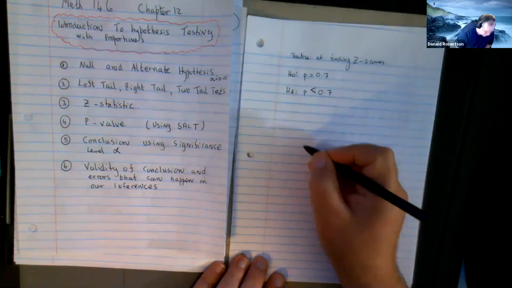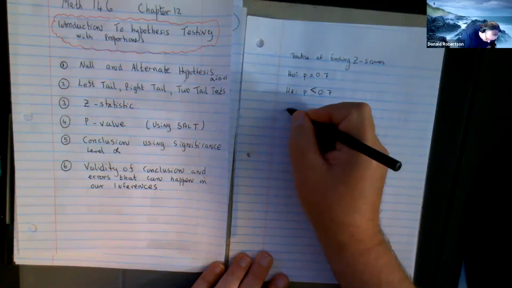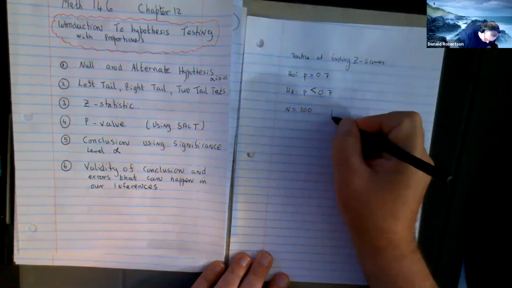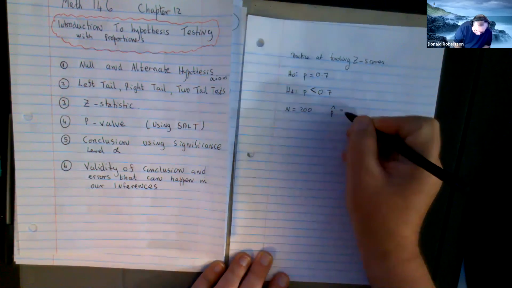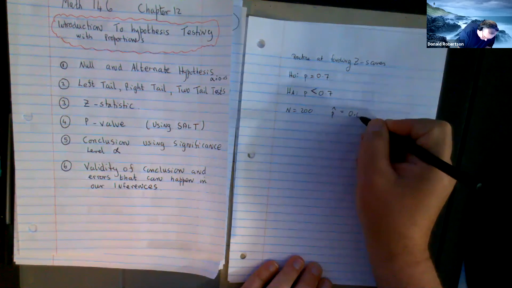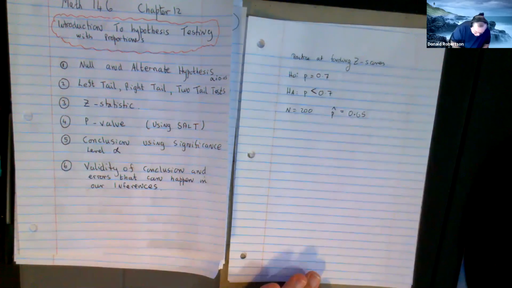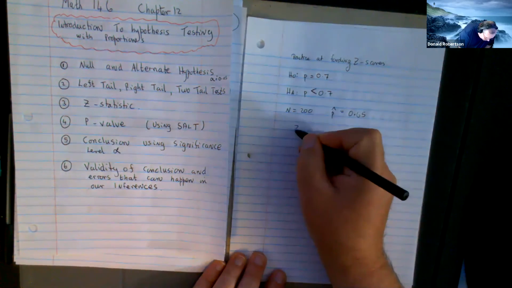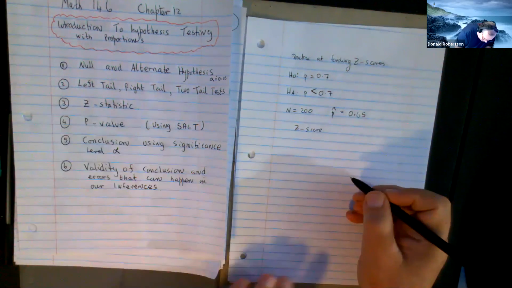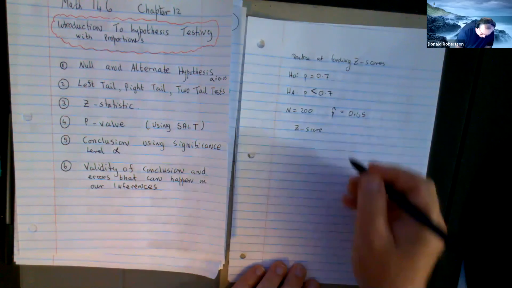And in this data, we collect a random sample of 200 people. And we find out that in this particular random sample, P hat ends up being 0.65. And we are just going to find the Z-score, the Z statistic. And I'll do that in a minute.